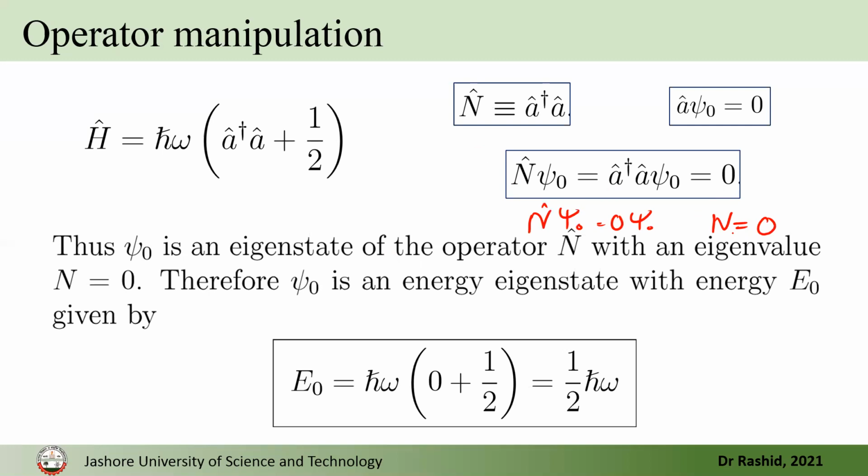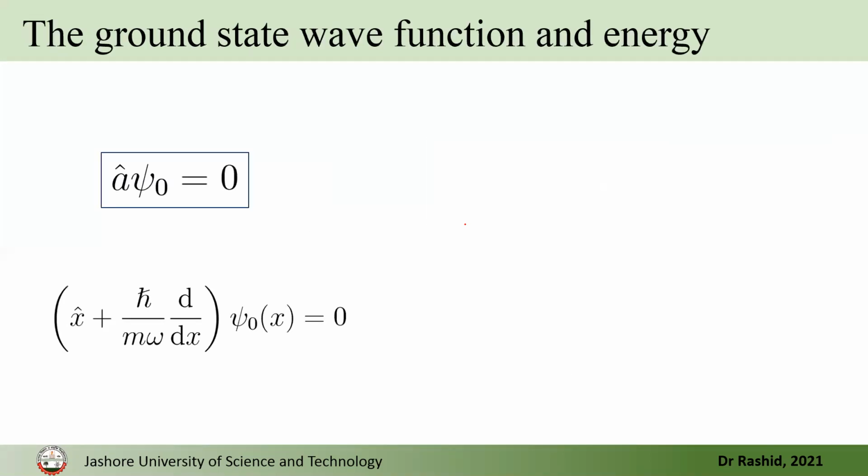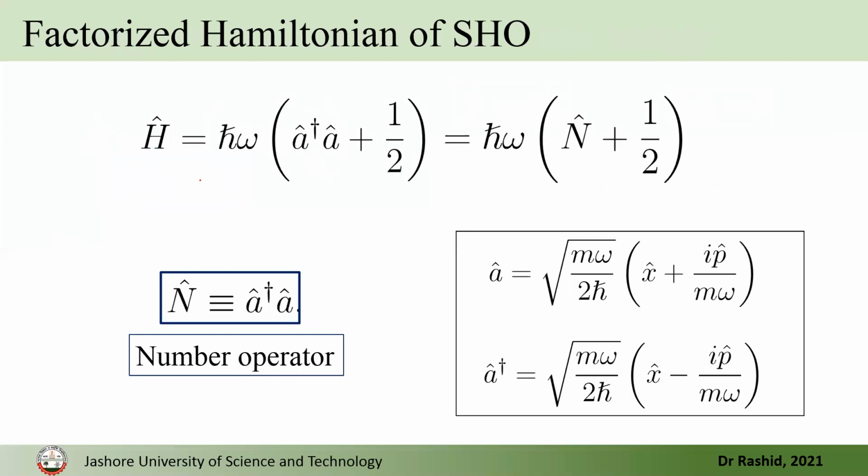Now, since we knew that the Hamiltonian is related to the number operator, the eigenvalue of the Hamiltonian will be like this. Here n is the eigenvalue of the number operator, and E is the eigenvalue of the Hamiltonian operator.